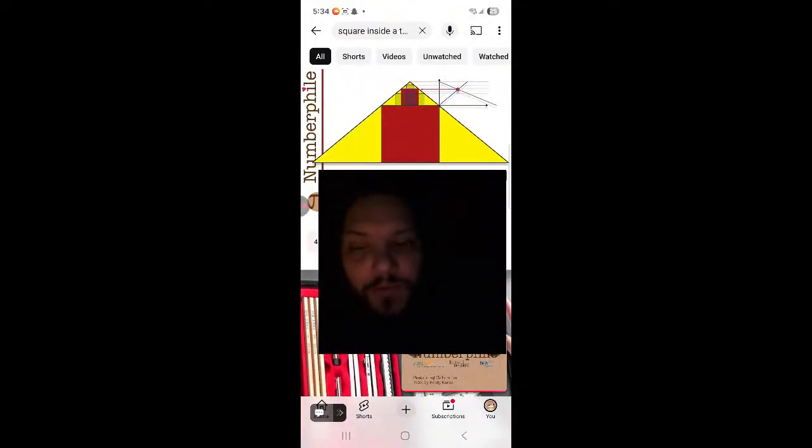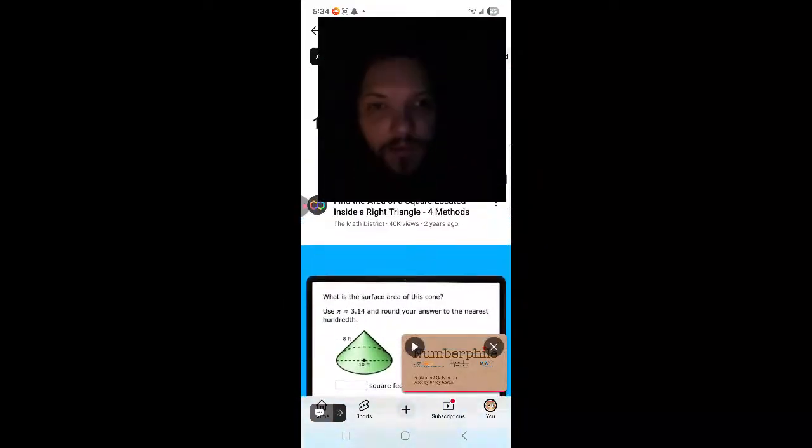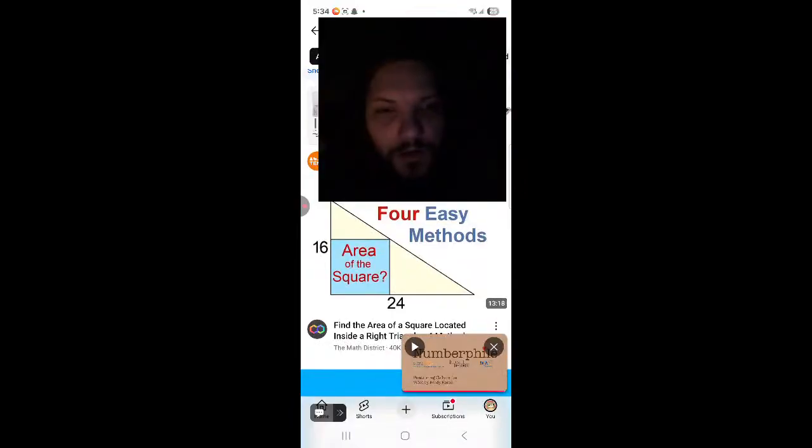The other one was a right triangle, but as a pyramid instead of on its diagonal like this. You can understand that what they did here was a right triangle.